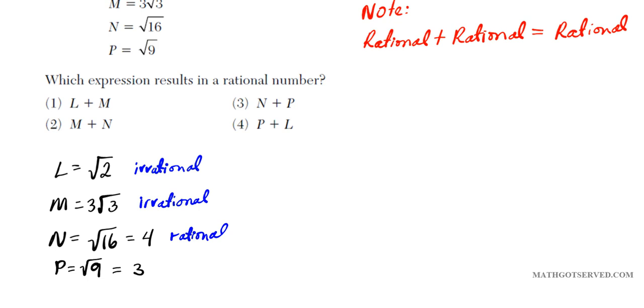Is this rational or irrational? This is rational because in its simplified form, you have no radicals anymore. So a combination of N and P will give us a rational number. N plus P is going to be rational because they're both rational numbers, and rational plus rational is equal to rational. So our answer is option number 3.